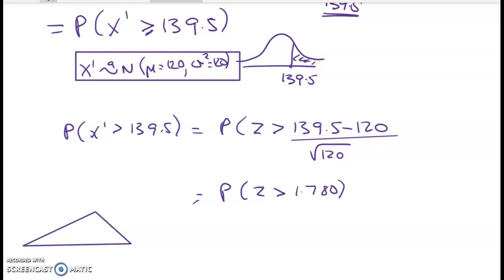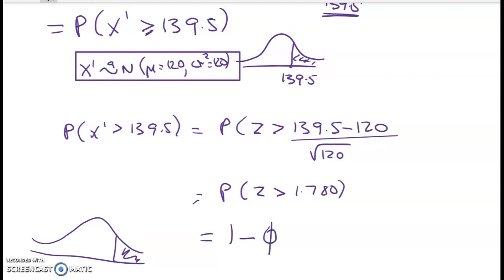So we're looking to colour in that bit of the normal distribution. So it's going to be 1 minus phi of 1.78, which gives me 0.0375.